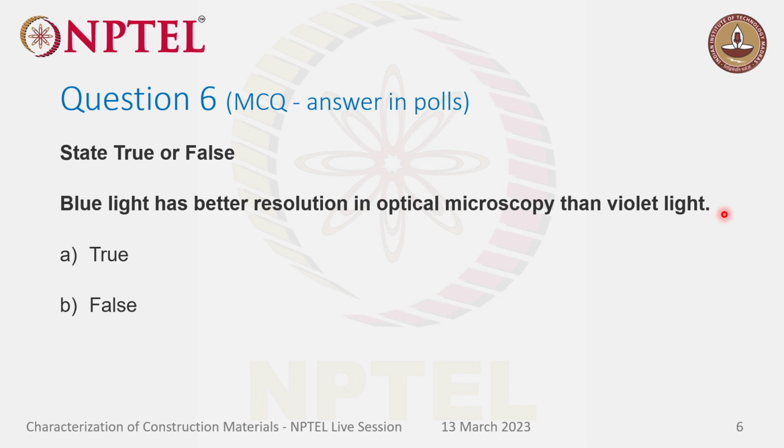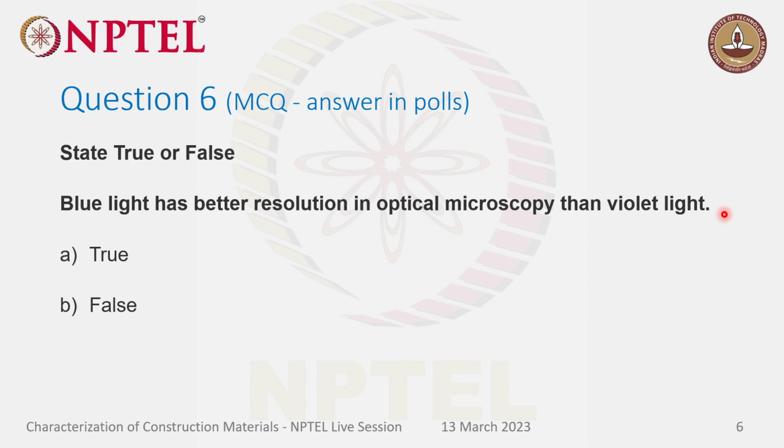It's a true or false question, and it's going to be a very, very simple question. Just now we discussed how wavelength affects resolution. We need smaller wavelength for better resolution. Here the question is about blue light and violet light. Blue light has better resolution in optical microscopy than violet light. Is that so?